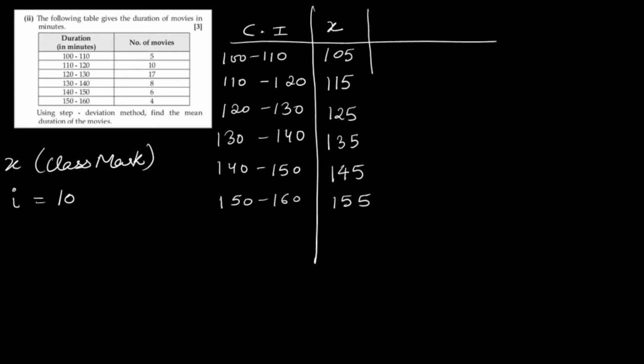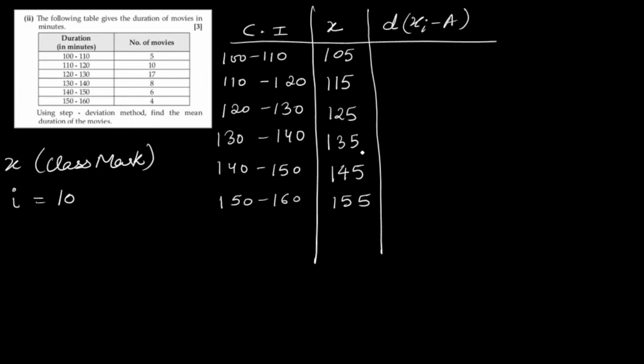Now we will write the frequency afterwards. This is the step deviation method. We have to do it by the step deviation method. So first of all, let's find the deviation. Deviation is xi minus a. Here the total number of terms is 6, so we have to take an assumed mean.